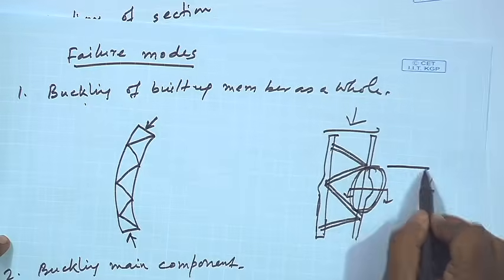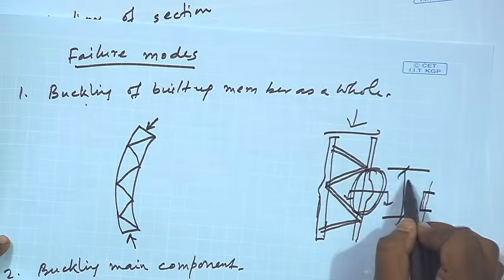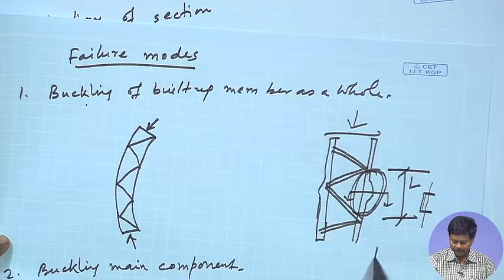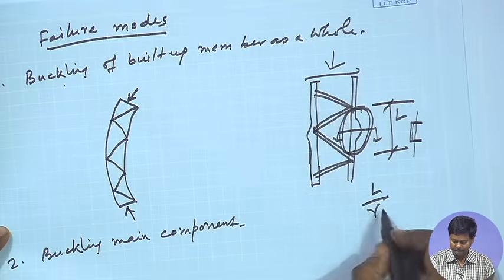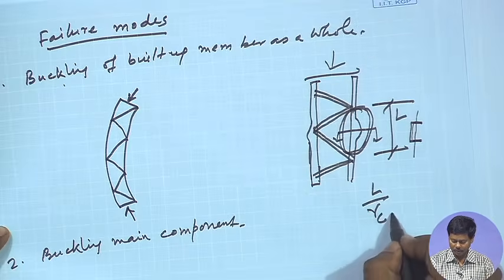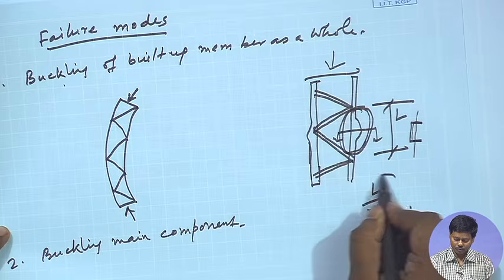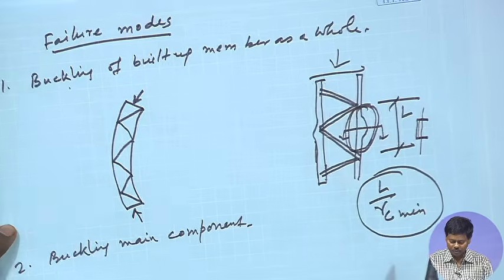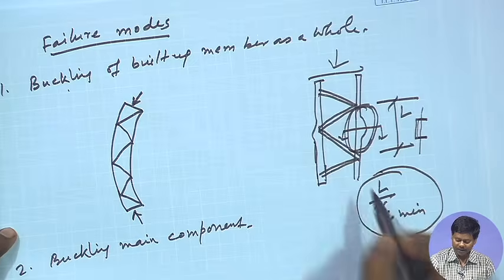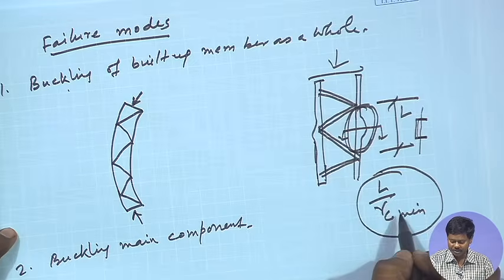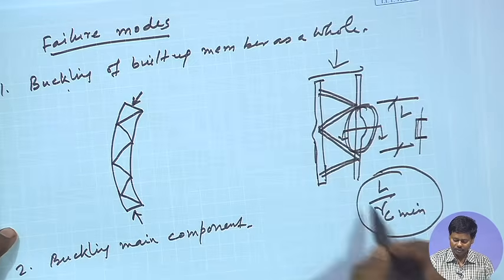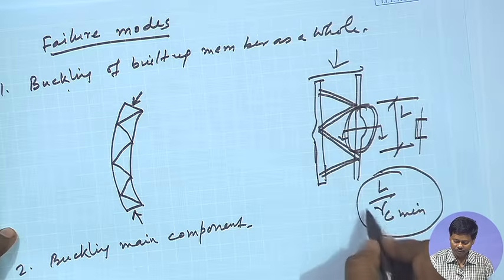So, what we have to consider, say this one is called L. So, L by rc minimum. So, the radius of gyration should be limited, because otherwise this may fail.